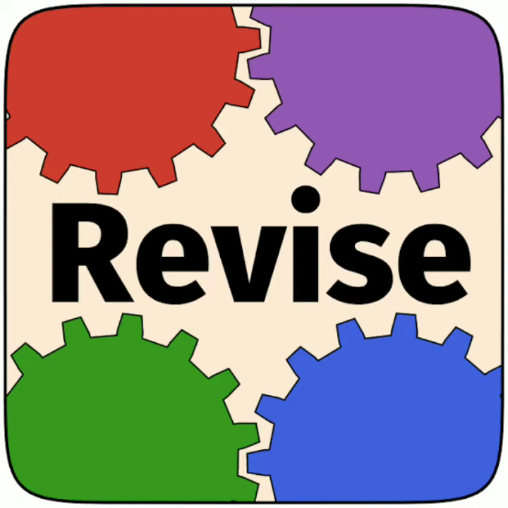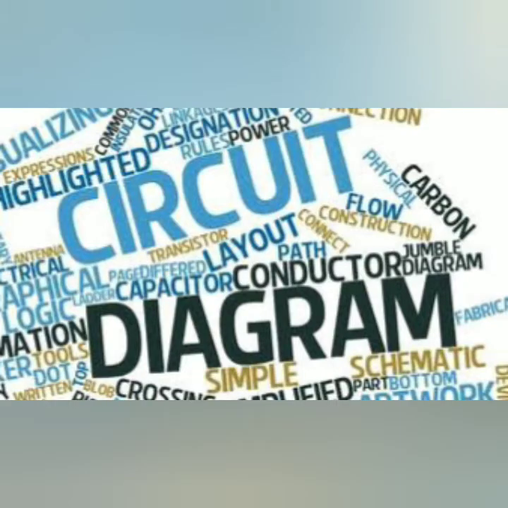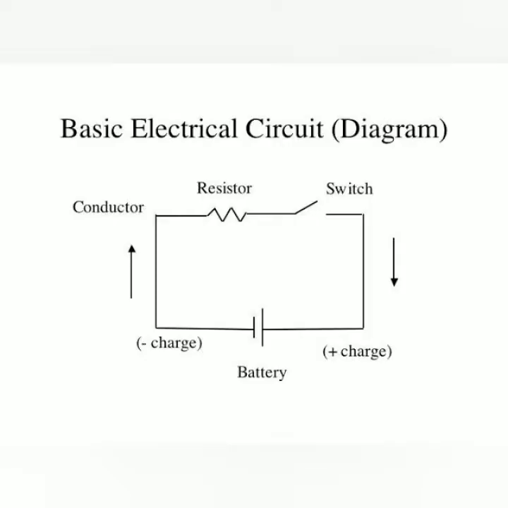Now let us try to understand what the circuit diagram means. Circuit diagram is a schematic diagram which represents the relative positions and connections of various circuit components represented by symbols.